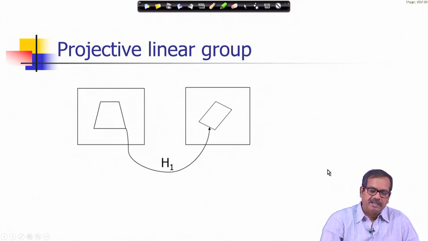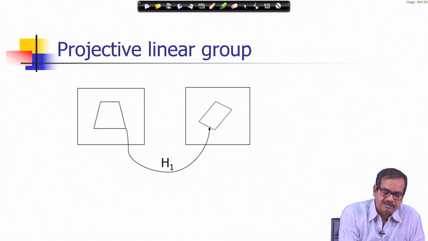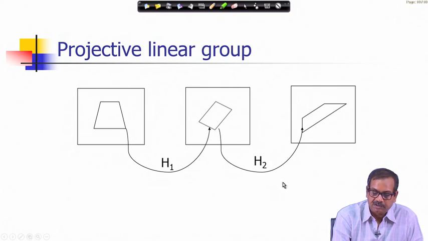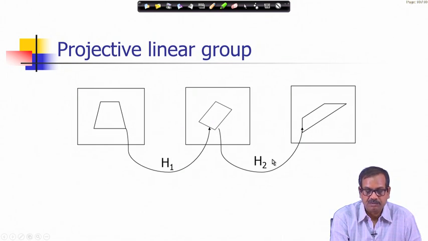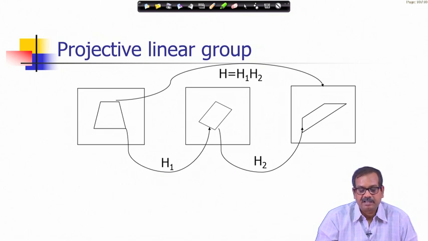The essence of this property is that if I transform the points of one space to another space by the transformation H1, and subsequently transform from this space to a third projective space by H2, this is equivalent to transforming the first space directly to the third by a matrix H, which can be derived by composing H1 and H2, simply by multiplying these two matrices.